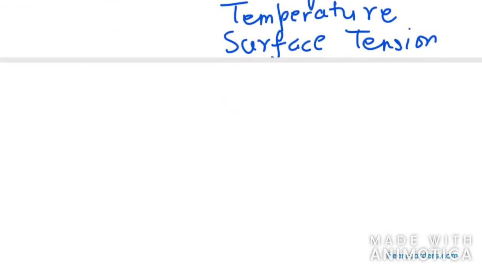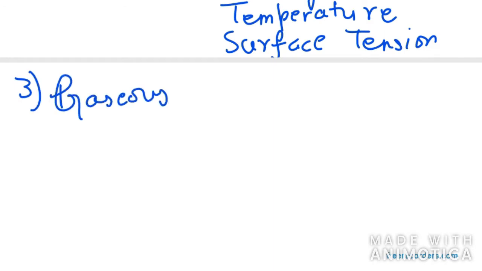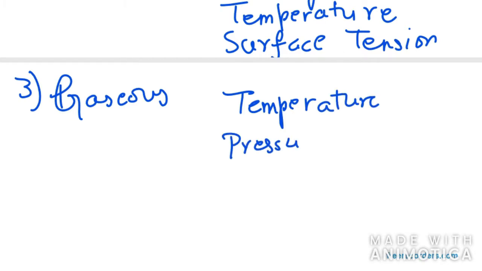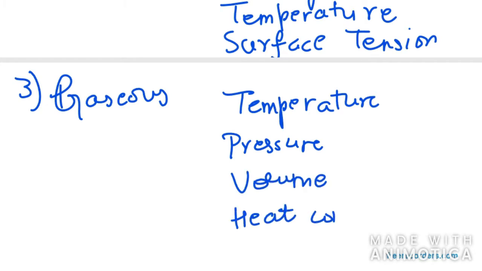Last but not least, it is gases. In the gaseous system, we take into account temperature, pressure, volume, and the last one is heat content, what content we have inside the system.